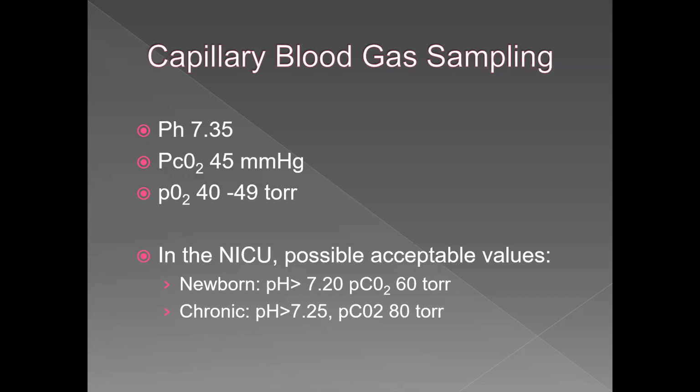And remember, you've got a mixture of arterial and venous blood when you're drawing capillary blood. That's why your oxygen level is a little bit lower than arterial. But the reason for a capillary blood gas is not to look at O2 sat, because they'll use the pulse oximeter for that. The reason for getting a capillary blood gas is to look at the pH and the PCO2.